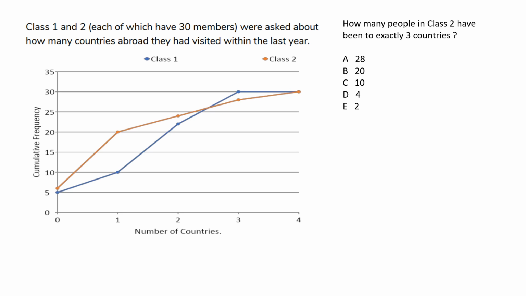So it was 24 people was the cumulative frequency. So in other words, the number who'd visited 0, 1, or 2 was 24, but that's gone up to 28. So the difference is 4 people.